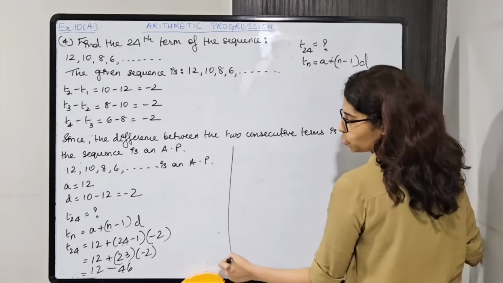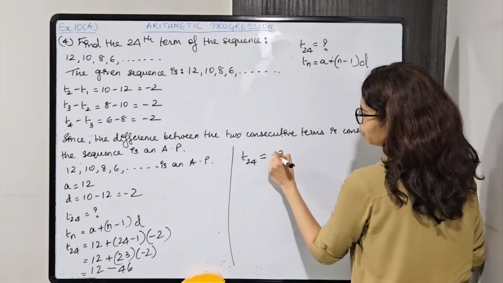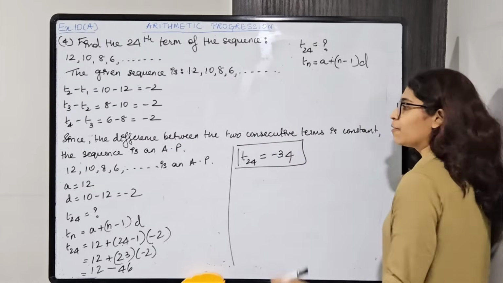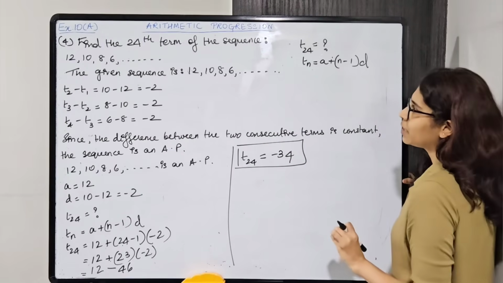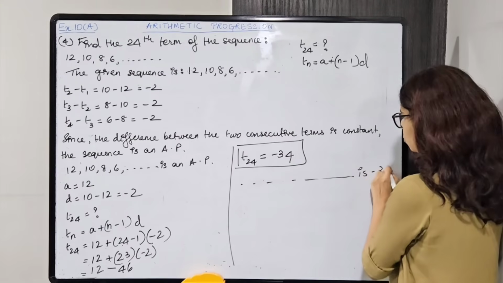So 12 minus 46, minus 34 हो जाएगा. So T24 is minus 34. बॉक्स कर दो वैल्यू को. ओके, फाइनल स्टेटमेंट लिखो. Don't forget the final statement. सो द 24th टर्म ऑफ द सीक्वेंस इज minus 34.